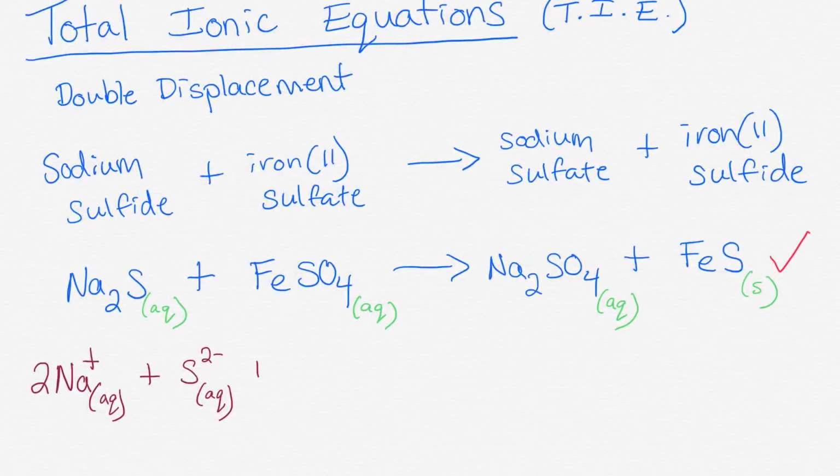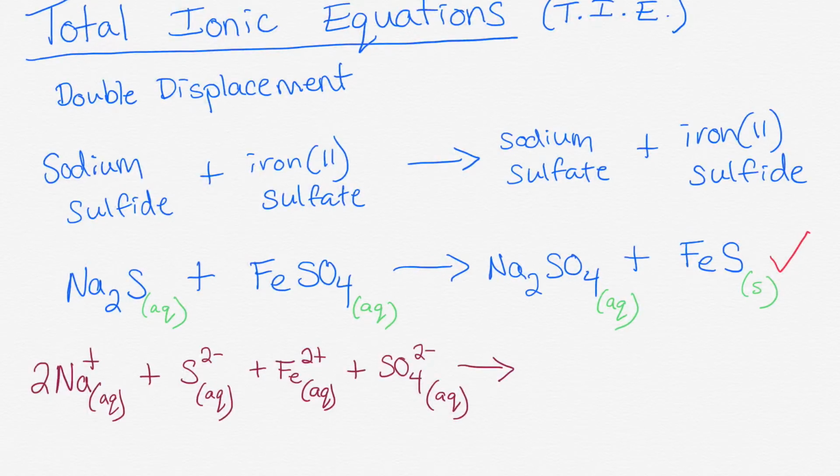Okay. Then my iron(II) sulfate, because it dissolves in water, it'll come apart and form its ions. So that's really an Fe2+ that's aqueous, and an SO4 2- that's also aqueous.